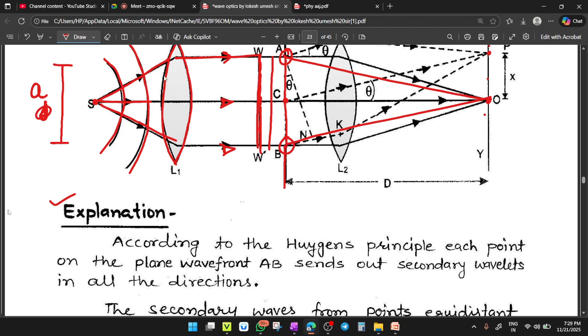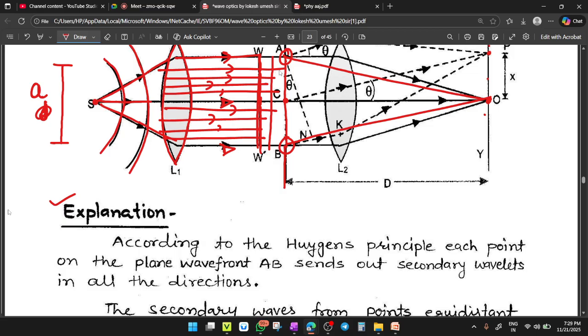Okay, from this plane wavefront, everywhere rays are traveling. These are the rays. Everywhere there are rays, secondary wavelets will be there. Now these rays are equidistant from the point.